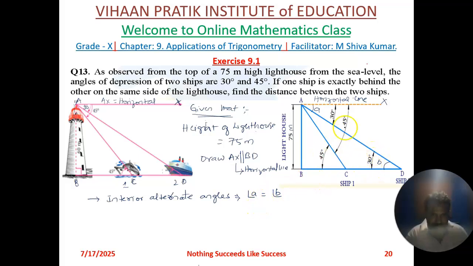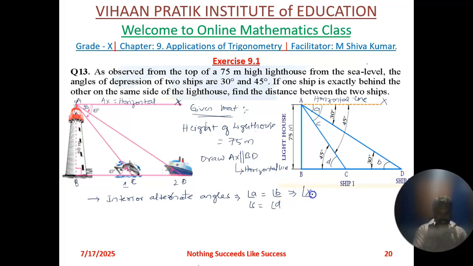And let's assume this complete angle is C, then this angle will become D. Angle C equals angle D. So by interior alternate angles, angle A equals angle B and angle C equals angle D.